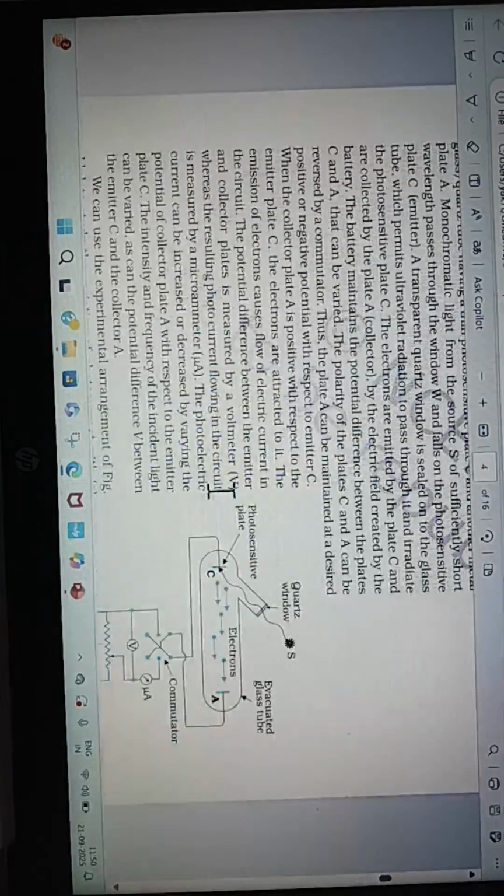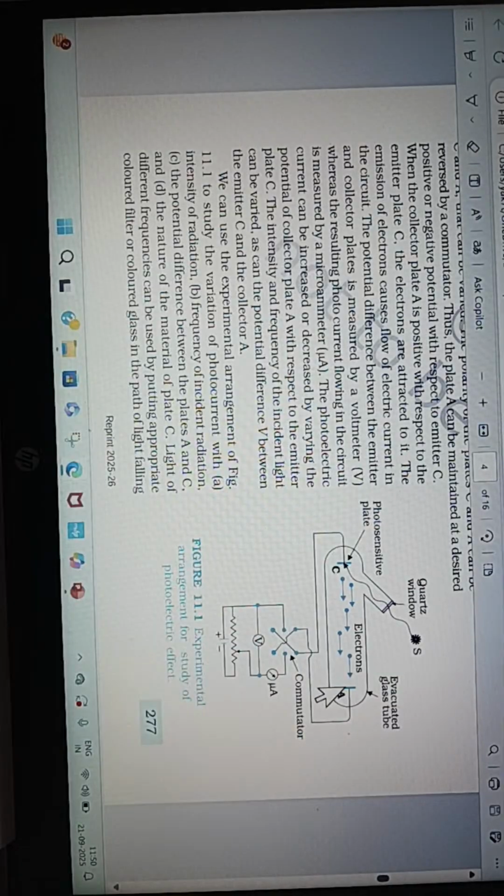If we make the anode more and more positive, more and more current will flow, and you can see the current in the ammeter get higher. For different metals, it is different.